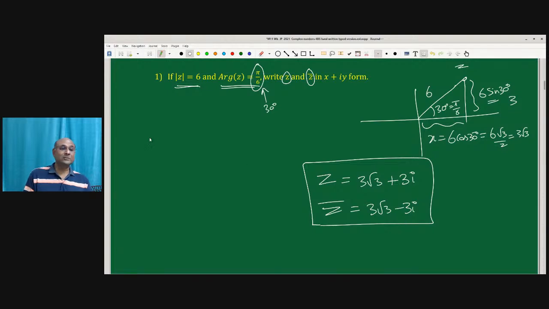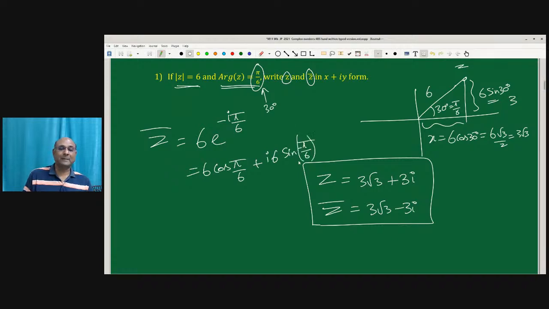But I could have written z conjugate as 6 e power minus i pi by 6, which would have been 6 cos of minus pi by 6, same thing as cos pi by 6, plus i sine, 6 times i sine of minus pi by 6. What is sine of minus pi by 6? Minus sine pi by 6.